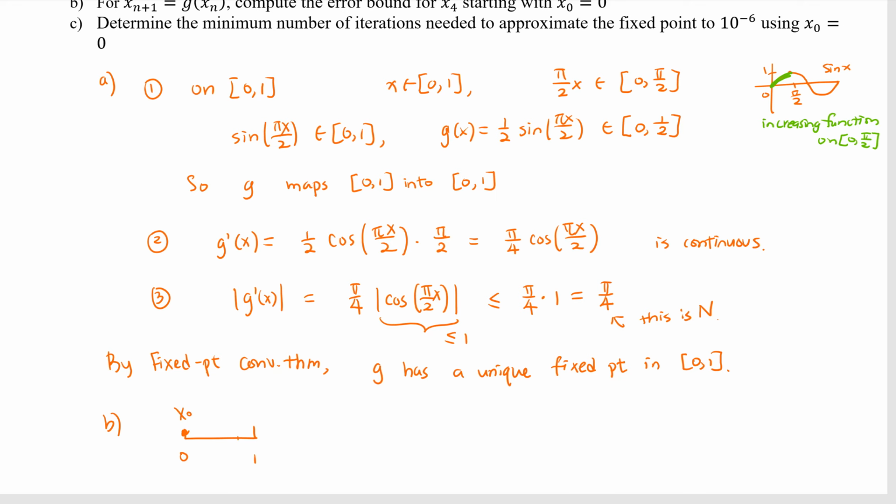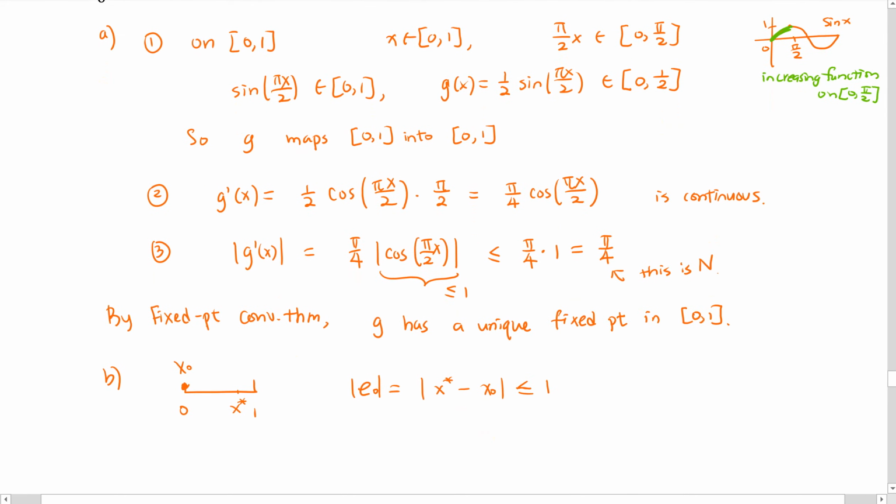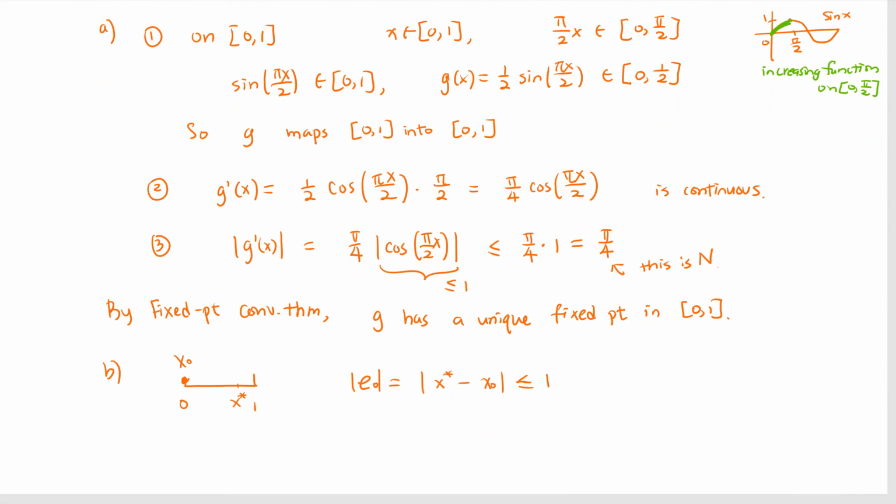Let's say x asterisk is the true value. Then e0 is the difference between the true value and x0. We can see this is at most 1, right, everybody? Because that point lies within this interval. So we have e0 is at most 1.